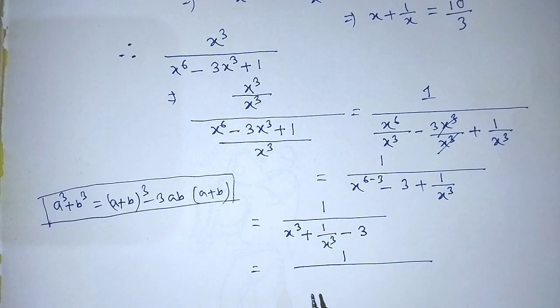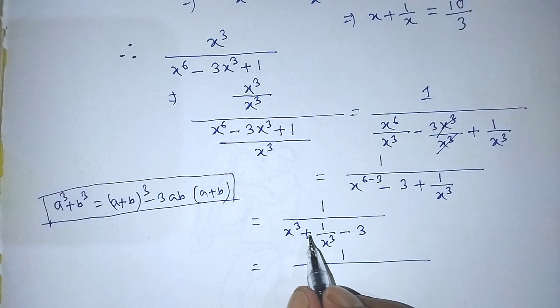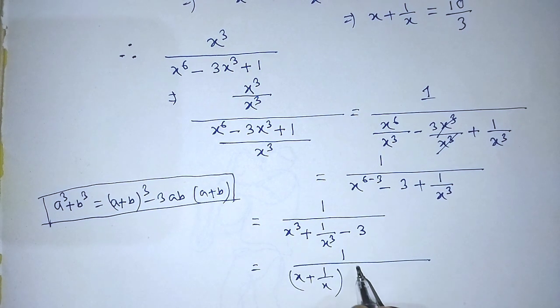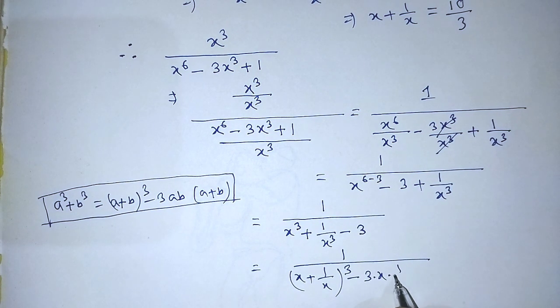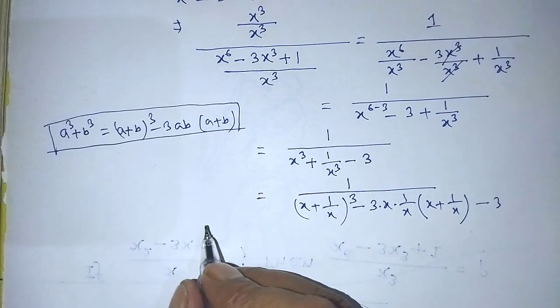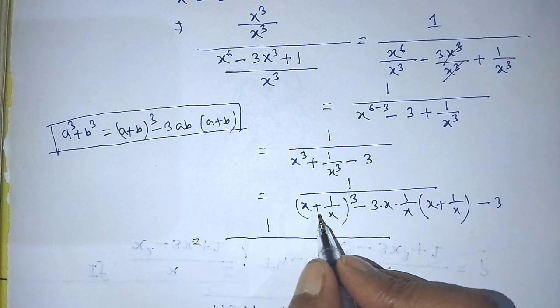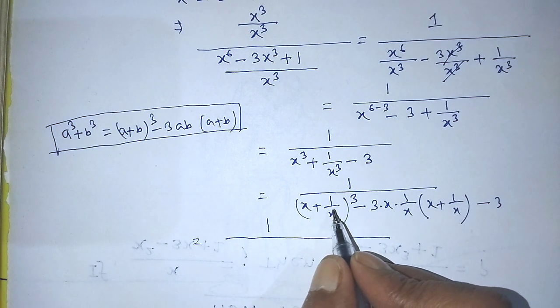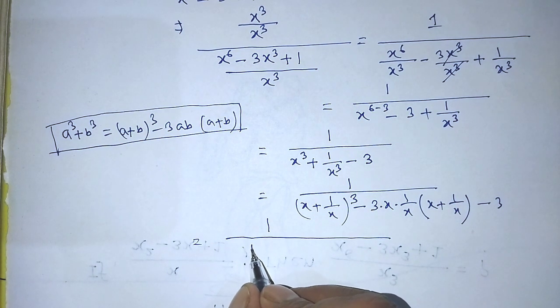So according to this formula we can write x to the power 3 plus 1 over x to the power 3 as x plus 1 over x whole to the power 3 minus 3 into x into 1 over x into x plus 1 over x, first bracket close, minus 3. So now in the place of x plus 1 over x we write 10 over 3.